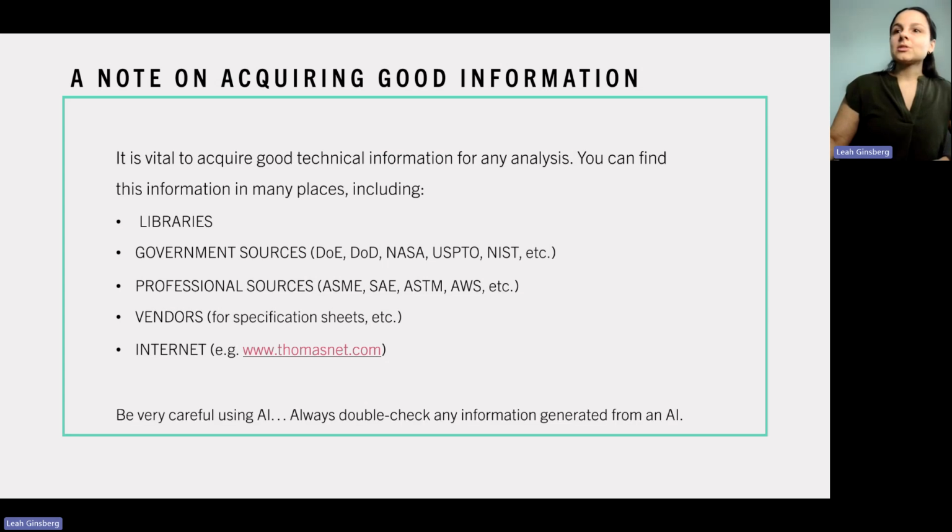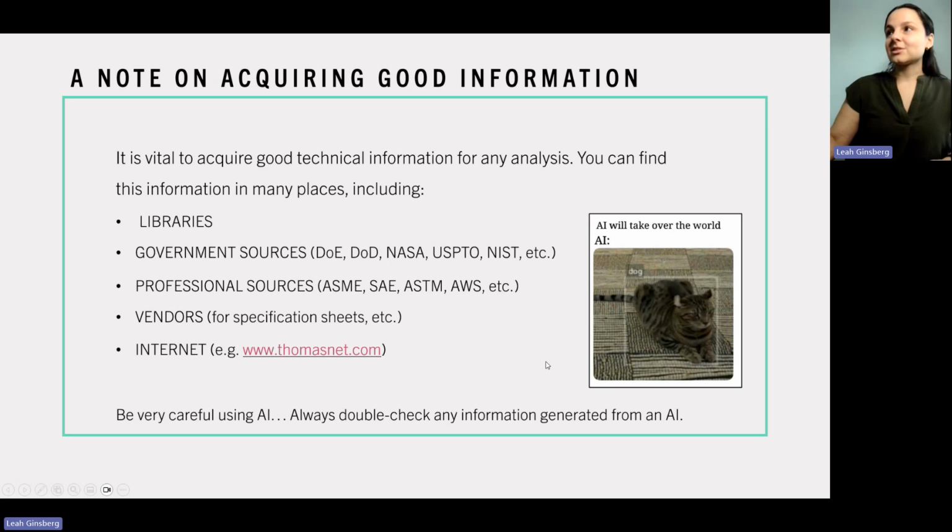And finally, just a note on AI. You need to always be very careful when using AI. The AIs will tell you this themselves if you ask. You need to double check any information that's been generated from an AI. And then here's just one example of a mistake that AI could make.